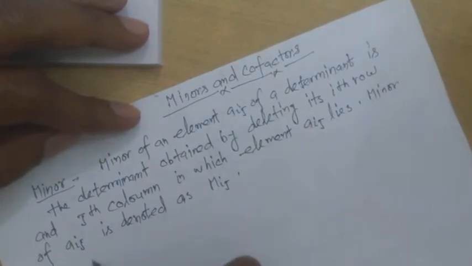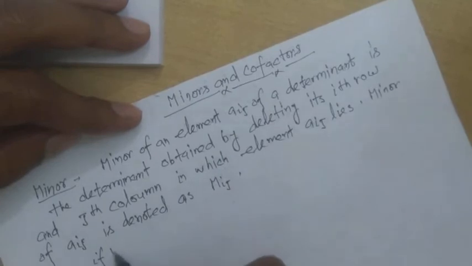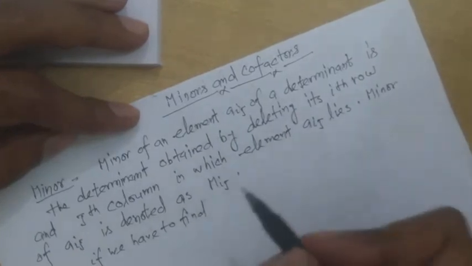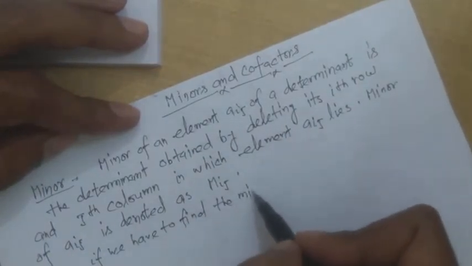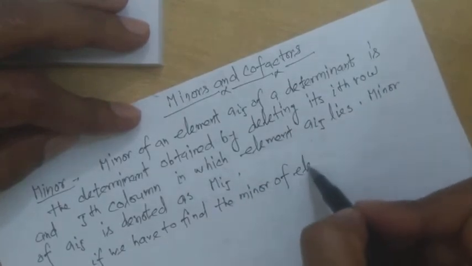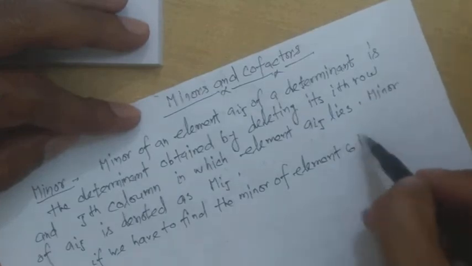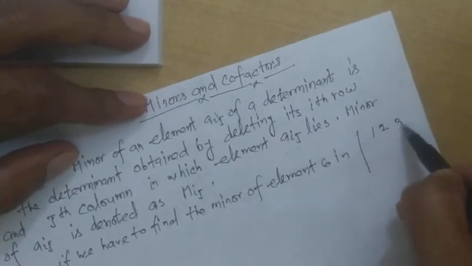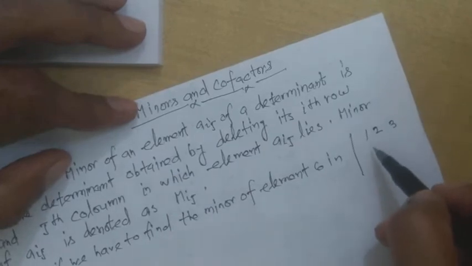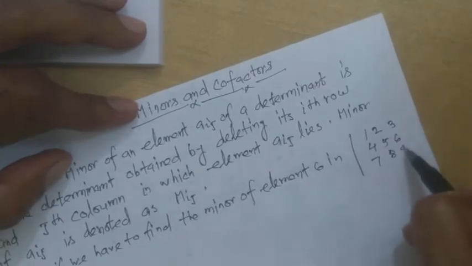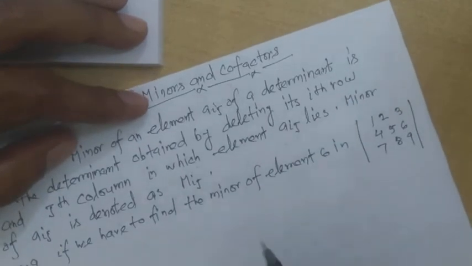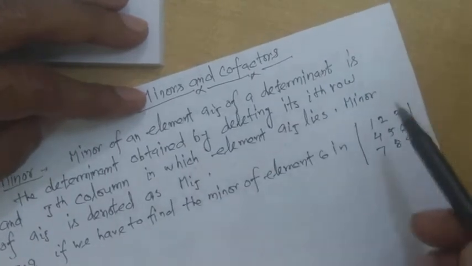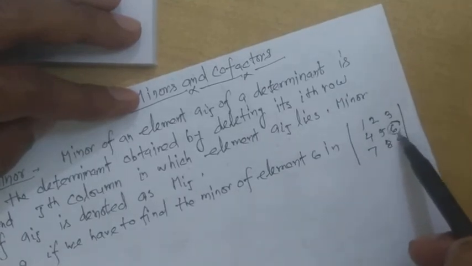For example, if we have to find the minor of element 6 in the given determinant 1, 2, 3, 4, 5, 6, 7, 8, 9, that is our determinant, then as our definition states, we have to find the minor of 6.